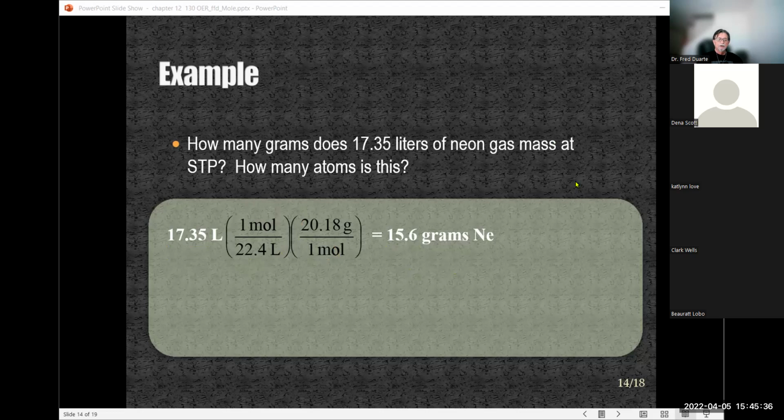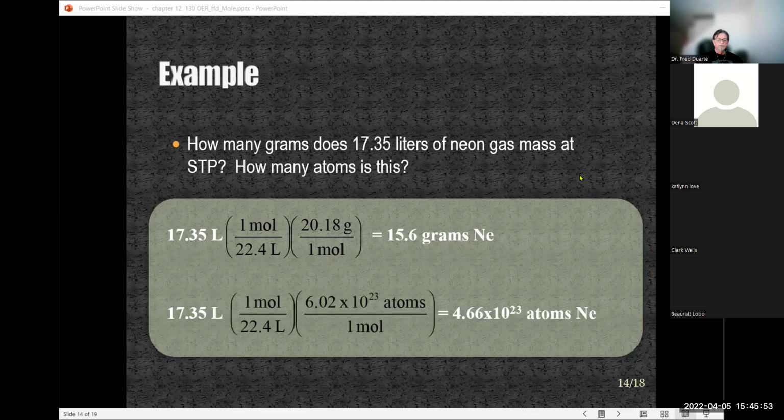The second part: how many atoms does that particular volume consist of? We have the same setup. So we start off with 17.35 liters. Eventually your answer should be 4.66 times 10 to the 23rd atoms. The first factor is the same conversion factor, because we are at STP, and that takes us from volume in liters into moles of material.